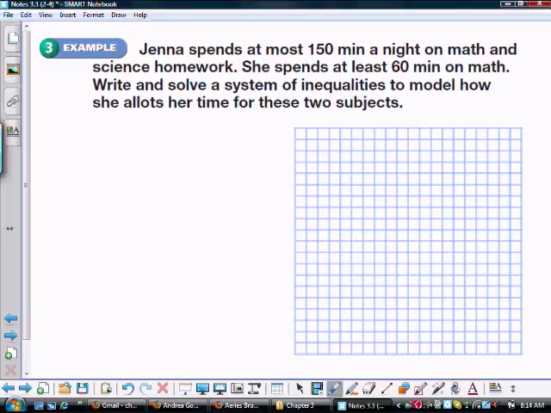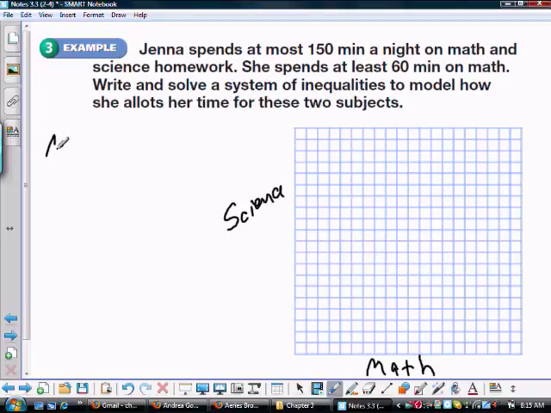So I'm going to set up one of my axes to be math, I'll just go the horizontal axis, doesn't matter, and the other axis to be science. And I'll abbreviate that M and S.